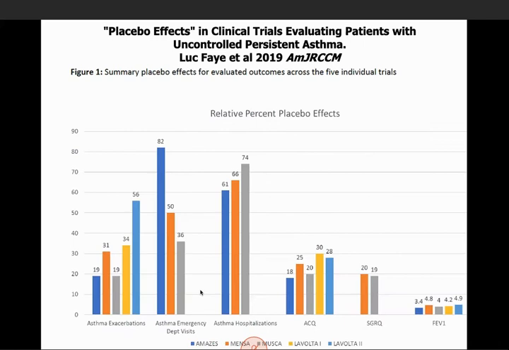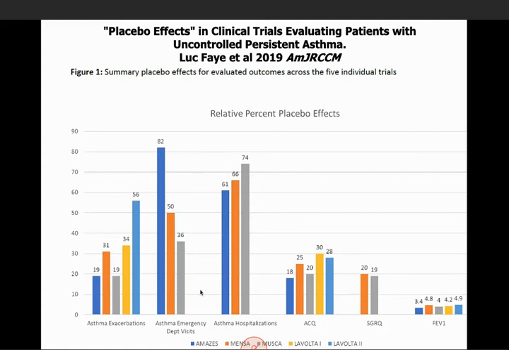Now, what about acute asthma? This is a publication that came out last year in the American Journal of Respiratory and Critical Care Medicine. It's looking at asthma studies in adults, but it's looking at important clinical outcomes across the 5 studies where they were looking at benefits from interventions compared to a placebo group for whom there were no interventions.